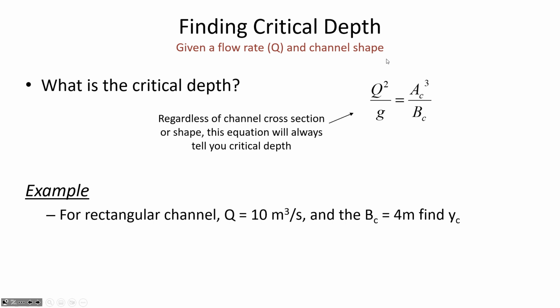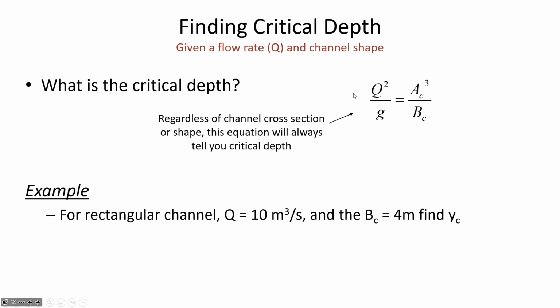So we move the 4 to this side, substitute in 10, square it, and then all that's left on the right-hand side of the equation would be y sub c, because we took this to the 1/3 power. So in doing that, y sub c is going to be 0.860 meters.